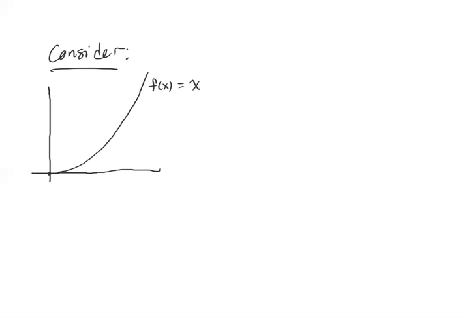Let's say this point here is (8, 64). What if I want to try to find the area underneath that curve, between f of x equals x squared and the x-axis? So what if I want to find this area here?